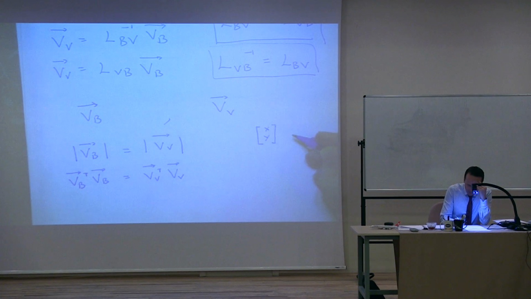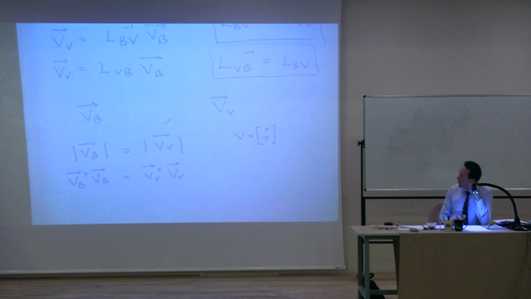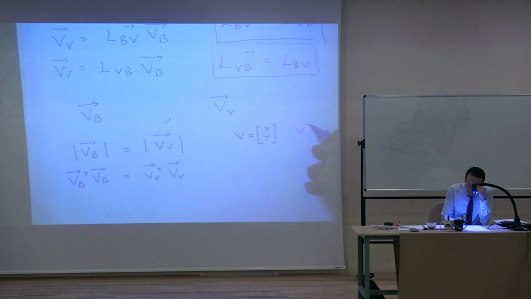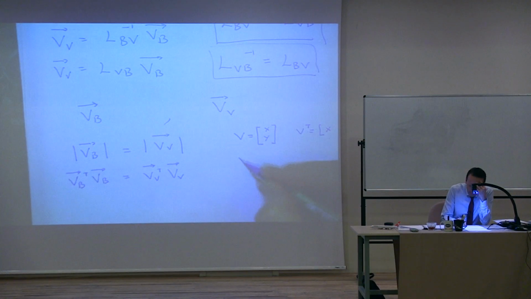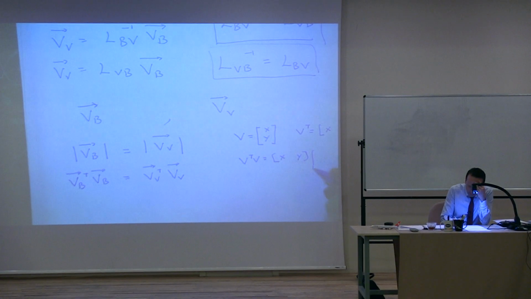Okay? Let's say this is V. Okay? So what you're doing here is you take this. The transpose looks like this, x, y. Okay? So V transpose times V basically means this. x, y times x, y will give you x squared plus y squared.